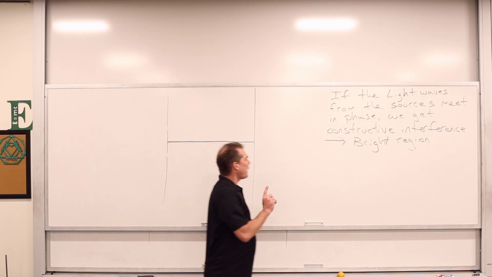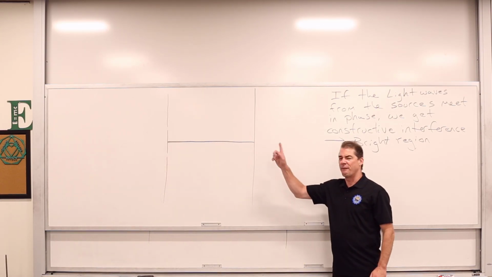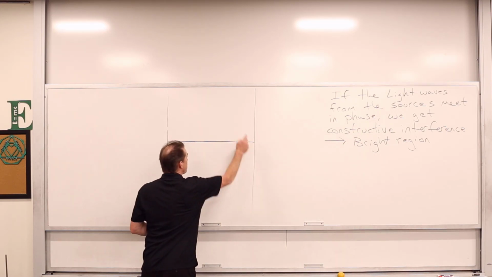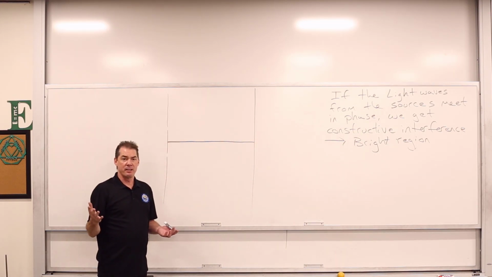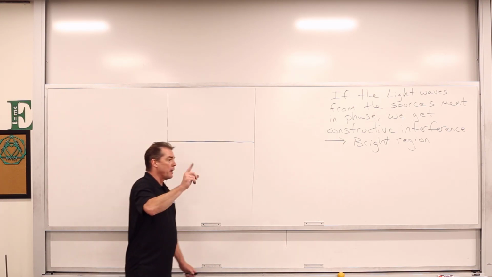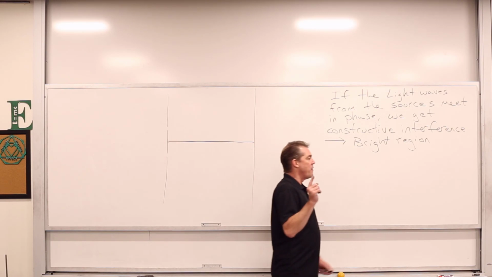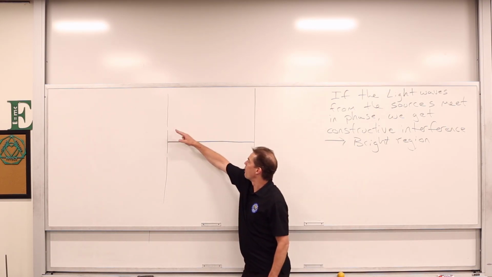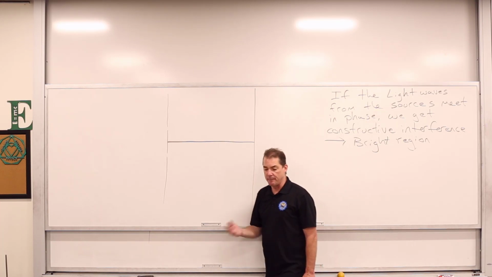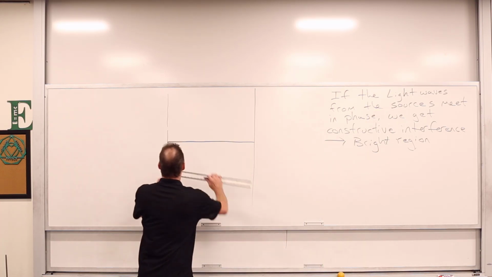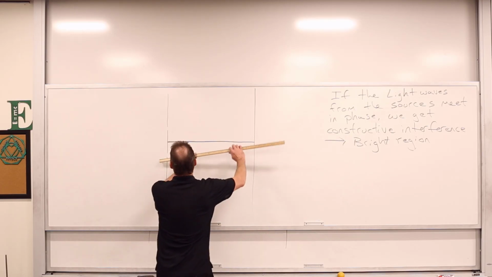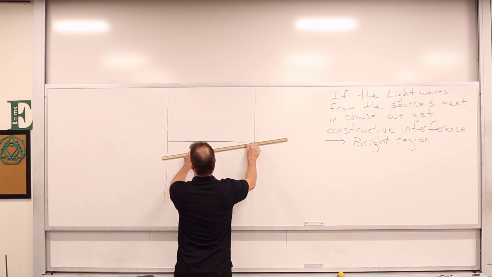So if they go through the same number of oscillations, the same number of wavelengths, to reach a spot, they will be in phase, and we get constructive interference. There's only one spot where they will undergo the same number of oscillations in reaching it, and that is the one spot that they travel the same distance to. That will be this location right here.